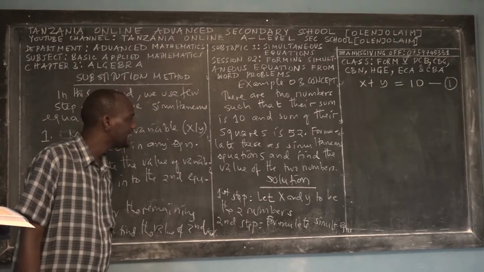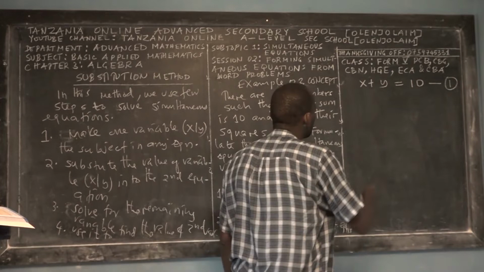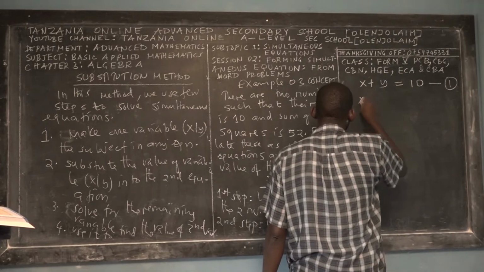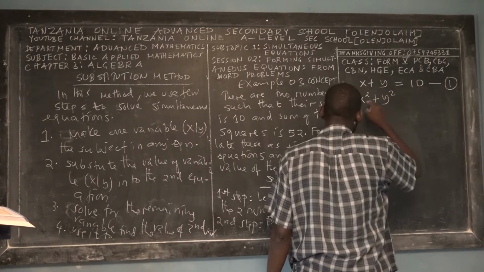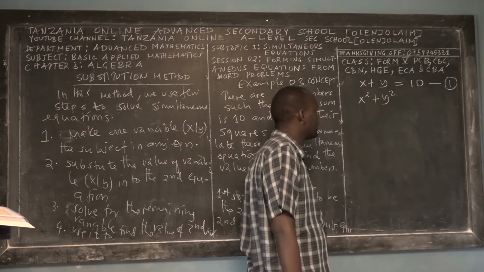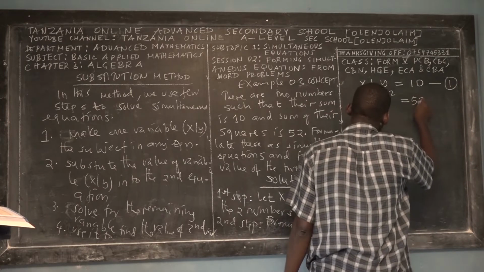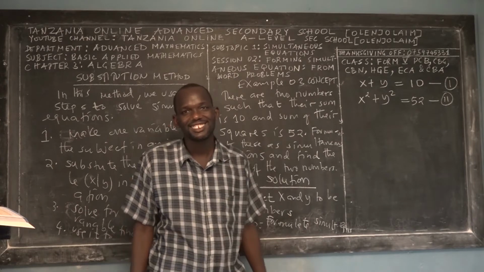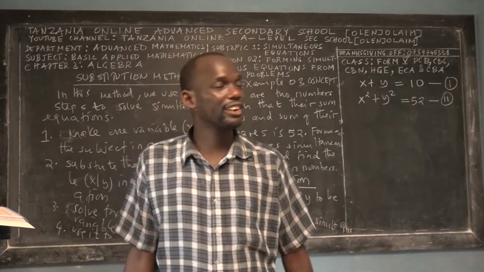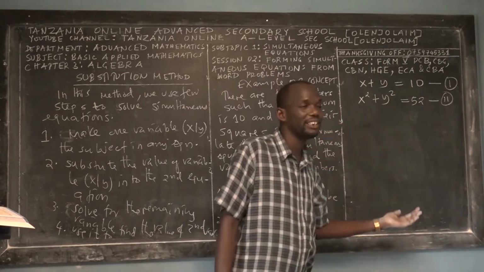The second one is: the sum of the squares of these two numbers. So you take x and y and you square them. The sum of these squares is equal to 52. So this is the second equation of the simultaneous equations. Right? So at this point you have already formulated.